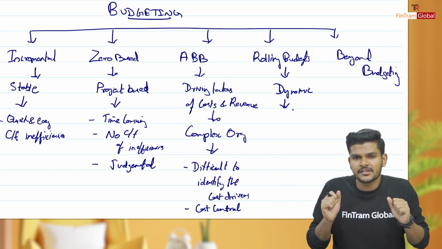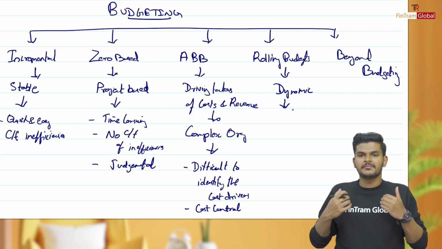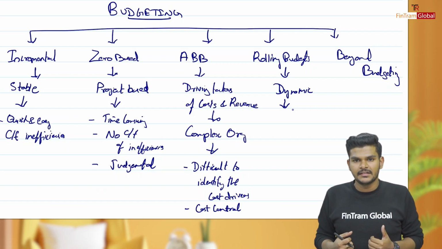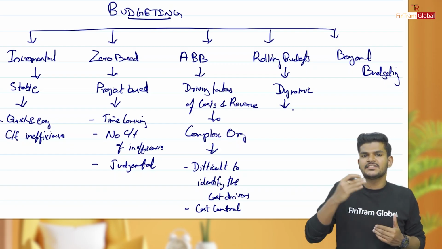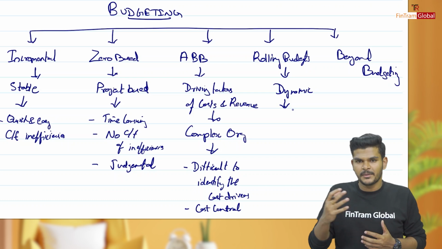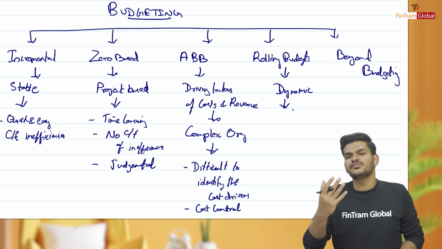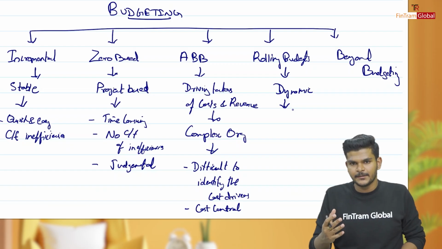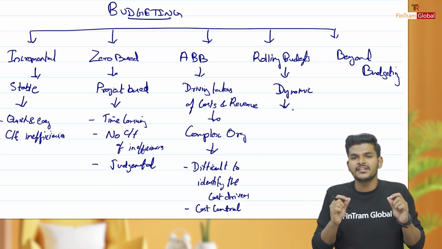And what happens in a rolling budget exactly? So let's say that I'm standing in December 2024, right? I'm going to plan the next 12 months' worth of budget, like I normally do, right? But after my first quarter, I'll have already created a 12-month budget in December 2024.